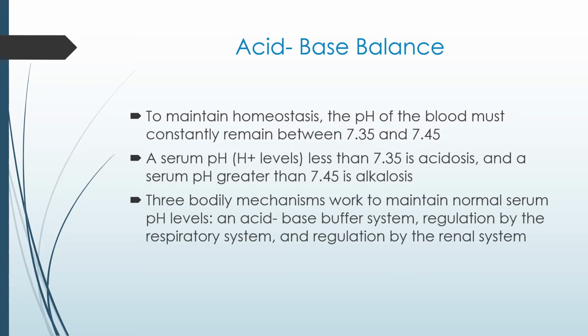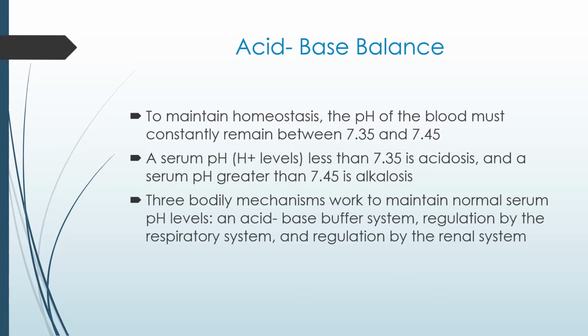So a serum pH, and we're talking about the hydrogen levels, less than 7.35 is acidosis, and we know this. And a serum pH greater than 7.45 is alkalosis. And I know that we remember this also. And there are 3 bodily mechanisms that will work to maintain normal serum pH levels.